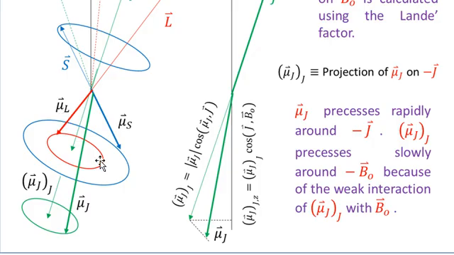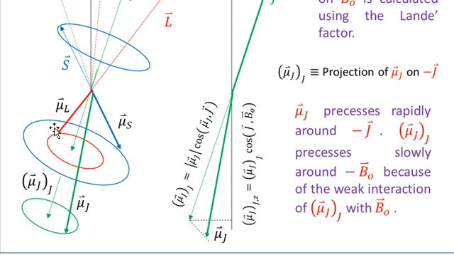And here you can notice that the tip of the mu S vector traces out a loop, which is shown in blue line over here. And you know that mu S traces out a loop. The center of this loop is actually mu jj. I shall be talking about mu jj a few minutes later, but remember that mu s will carry out a precessional motion about the vector mu jj.